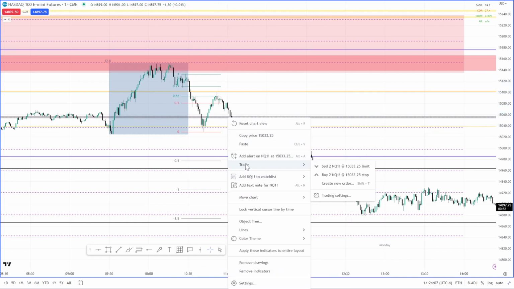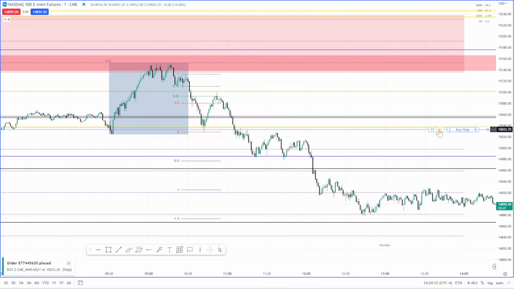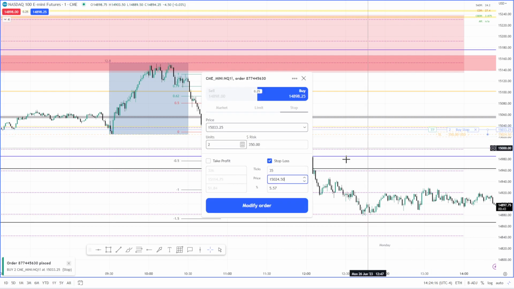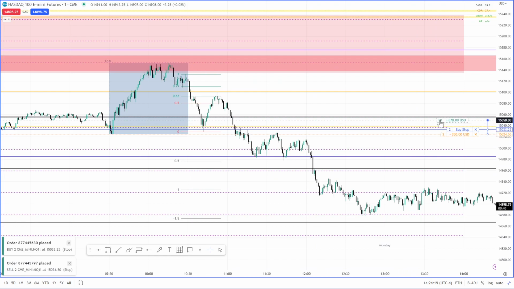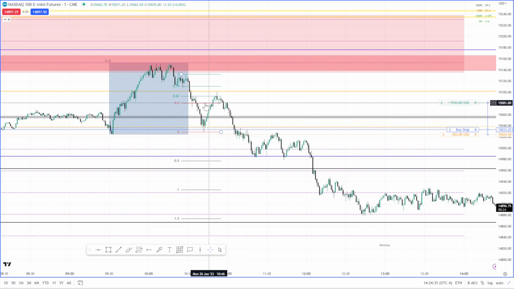I don't know how many contracts you guys are averaging. I like to use two, with a stop loss right below it, 350, and I'm gonna target equilibrium. Yeah, that's great, and that's just using order blocks, and having a fair valuation target, not targeting anything crazy.